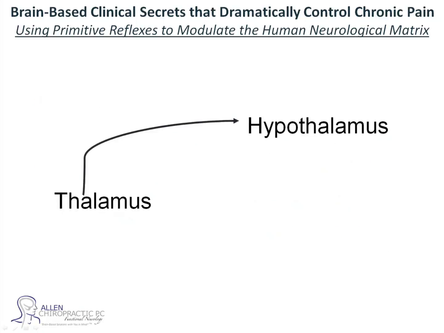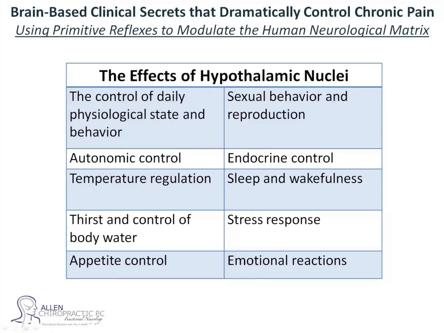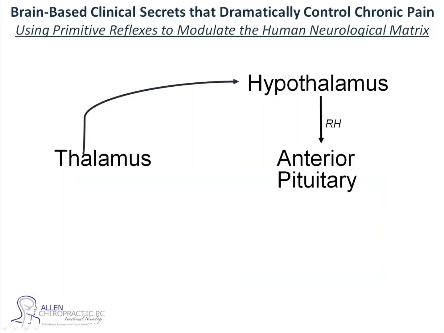Further, the thalamus controls the hypothalamus. The hypothalamus is responsible for things like autonomic control, endocrine control, temperature regulation, sleep and wakefulness, thirst, appetite, sexual behavior, and so much more. But these autonomic responses are influenced by the anterior pituitary through releasing hormones, and then the anterior pituitary sends specific hormones to organs or to glands.